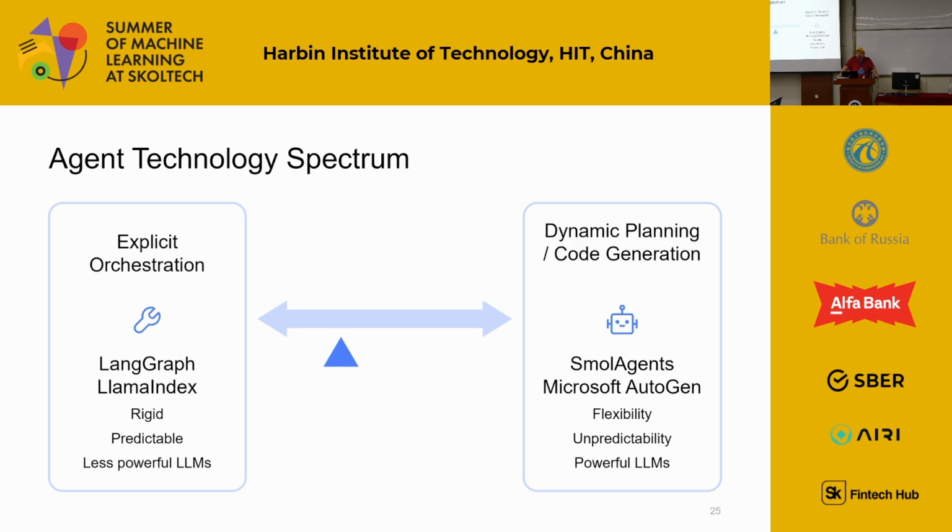If you want to do a kind of research problem, if you want to search what is the cheapest meal in Harbin, or you want to build a report on the current state of multi-agent systems in 2025, or you have a database of clients and you want to build a report on them, then this approach with dynamic code generation would work well, because you don't need the result for sure.